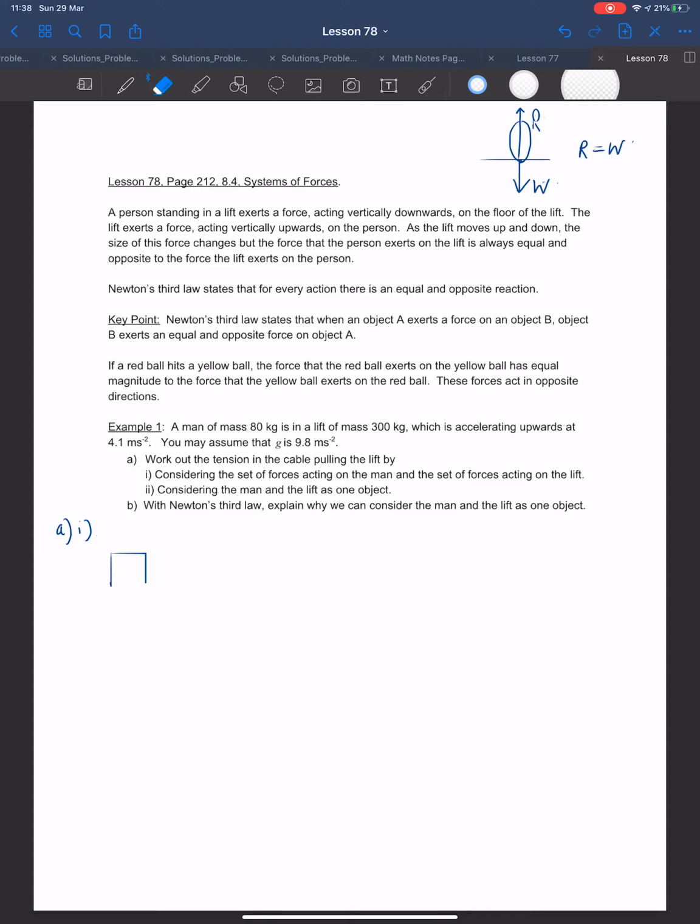So we've got 80g downwards. We've got a normal reaction upwards, that's from the floor of the lift acting through the man. And then the acceleration is 4.1 meters per second squared, moving upwards.